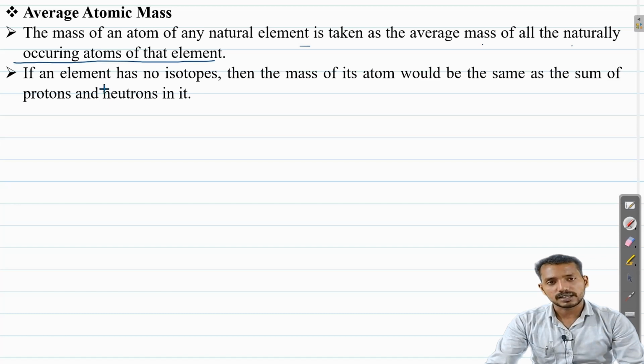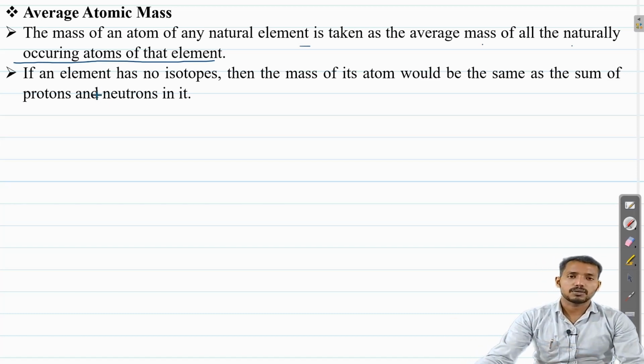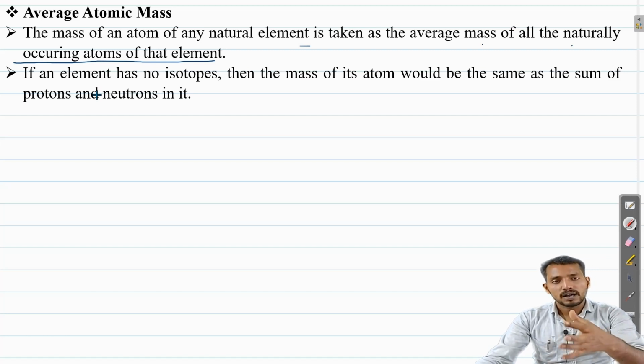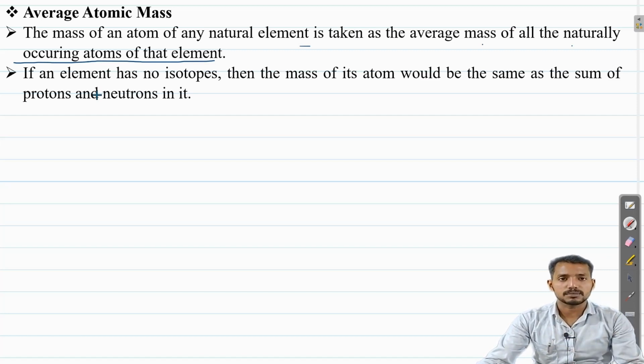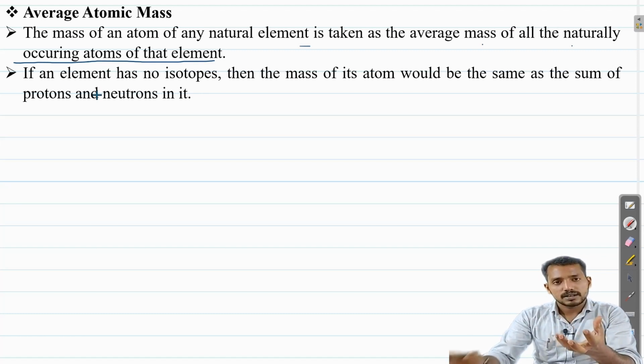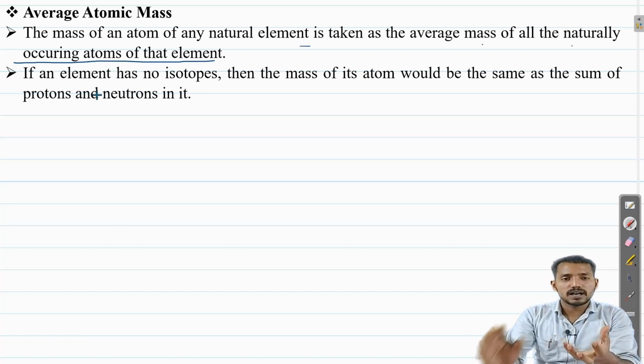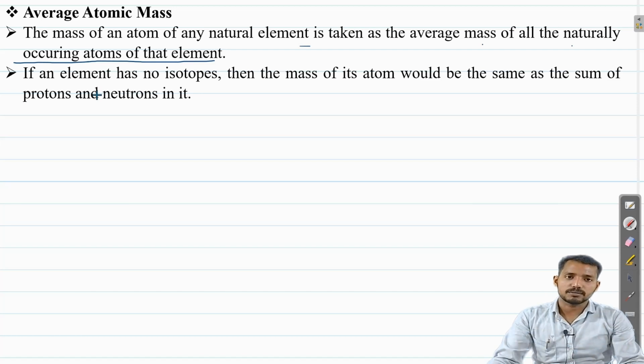I already told you that in nature, some elements occur in different isotopic forms. So while taking a sample, for example carbon, it contains C-12 as well as C-14, both isotopes present. So which atomic mass will we take?